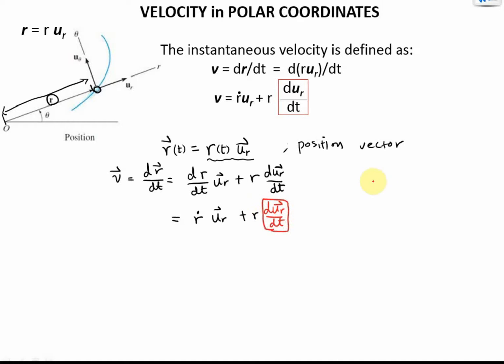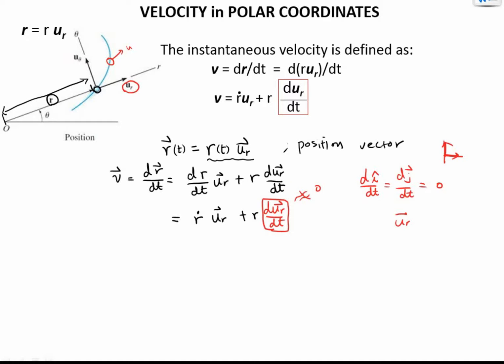Before, when we used the Cartesian coordinate system, di over dt and dj over dt went to 0 because the i and j directions do not change. But this ur, even though its magnitude is always 1, keeps changing direction as the particle moves. That's why this one is not 0.